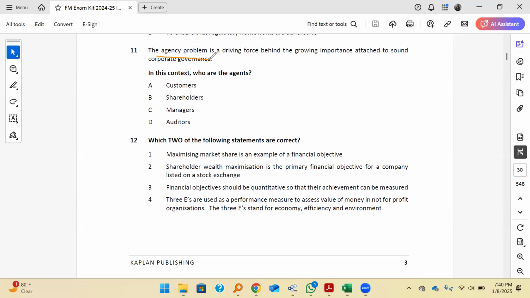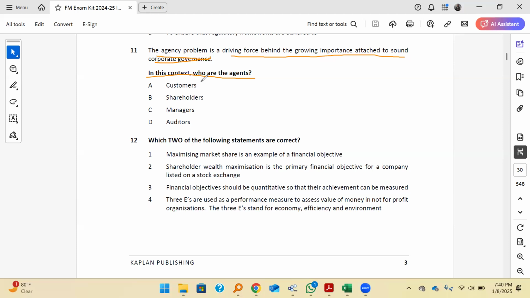And they are saying it is the driving force behind the growing importance attached to sound corporate governance. In this context, who are the agents? From what I've told you, the directors are the agents of the shareholders.